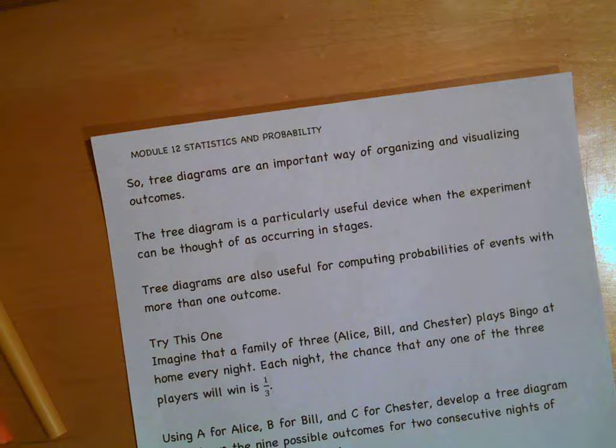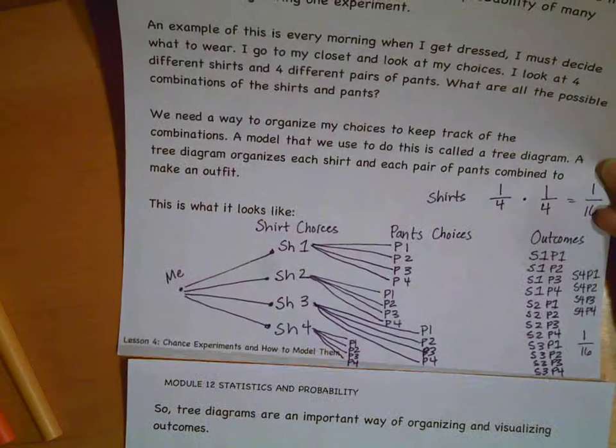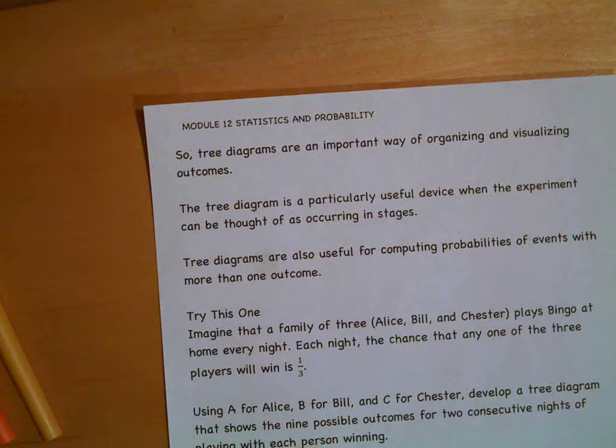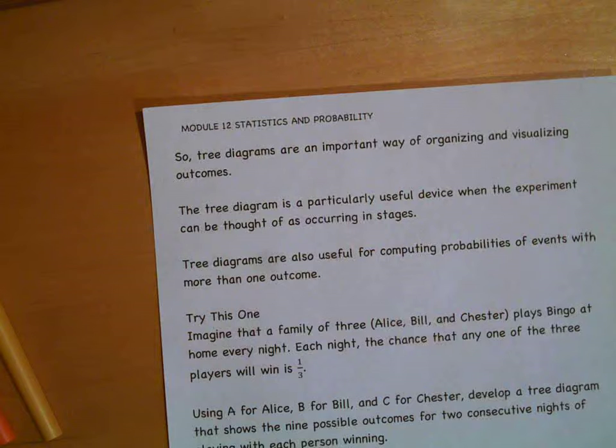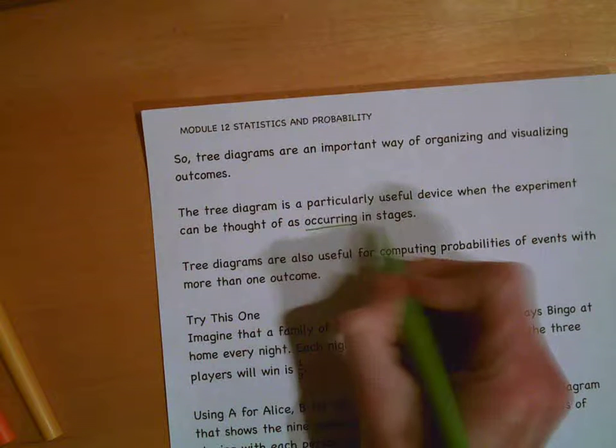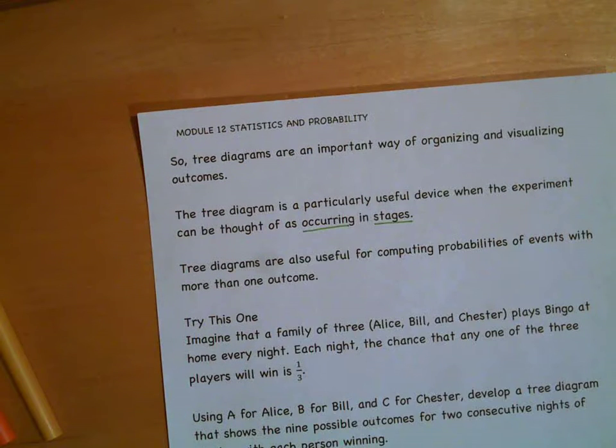So an example of what they mean by occurring in stages would be, what if you did an experiment of the number of spoons of sugar that you put in your beverage throughout the day. So in the morning, if you drink tea and you put 3 spoons of sugar in your tea, then you would have to record the probability of that.